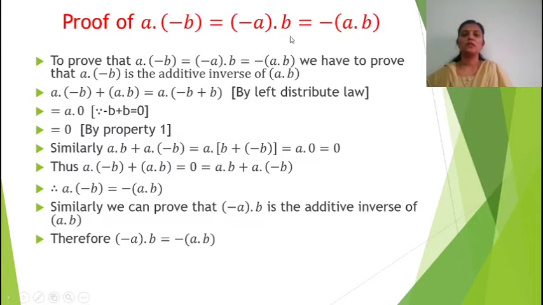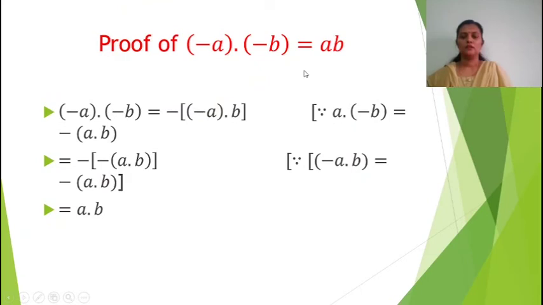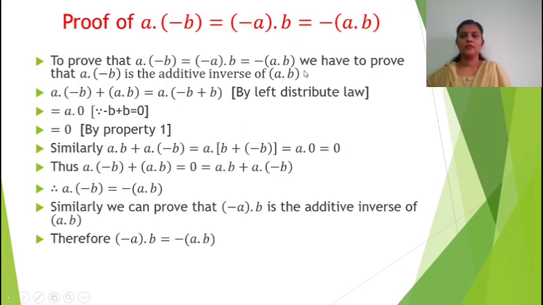Now the second one: we have to prove that a·(-b) = (-a)·b = -(a·b). To prove that a·(-b) = -(a·b), we have to prove that a·(-b) is the additive inverse of a·b.